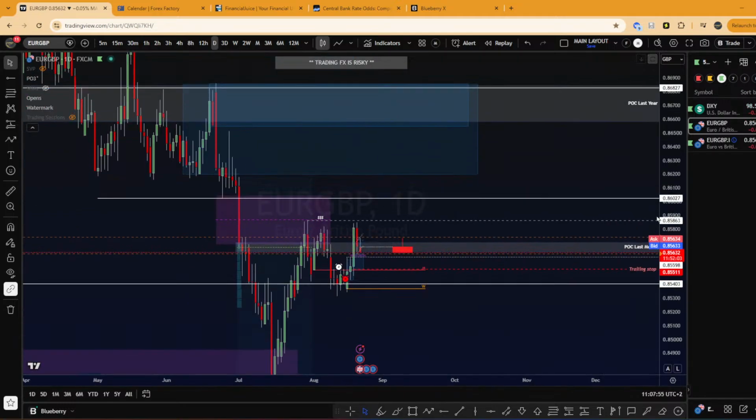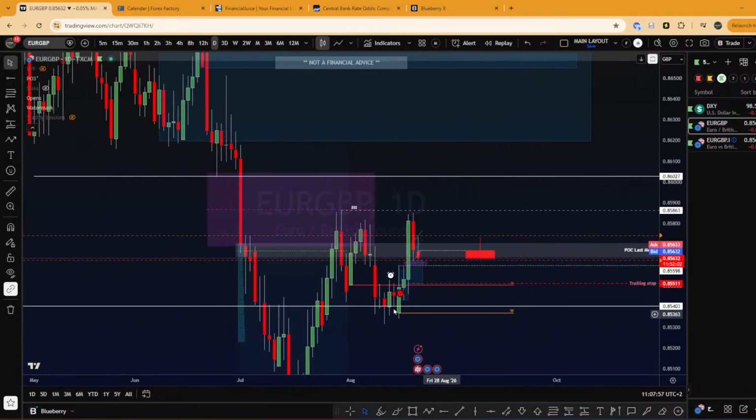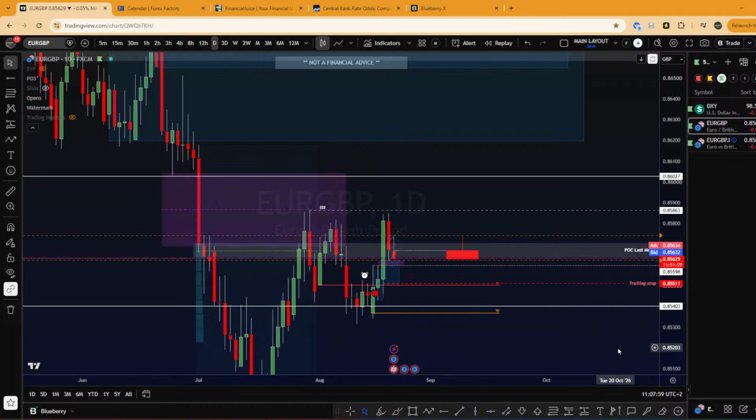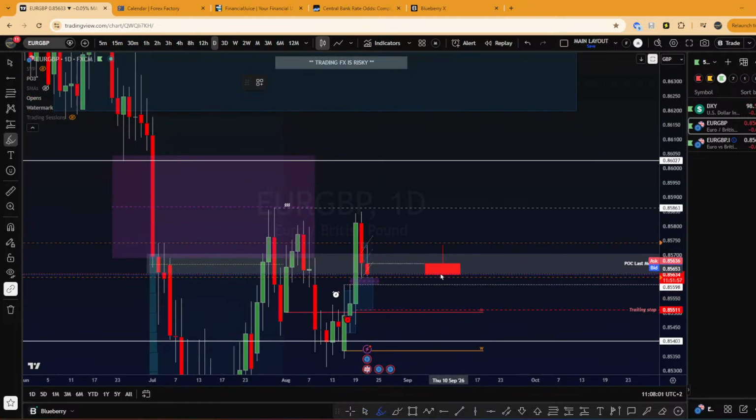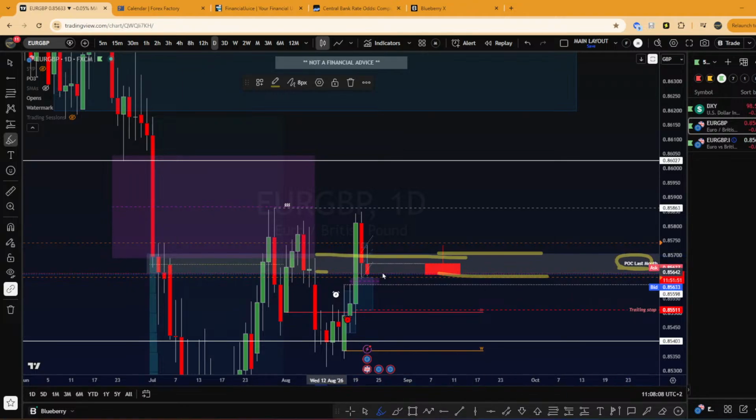Yeah, on top of that we are trading around this point of control, this gray zone. You see, it represents the point of control from the last month, which could act as a nice support, but it seems like we're rejecting this resistance. So I want this level to act as a support.